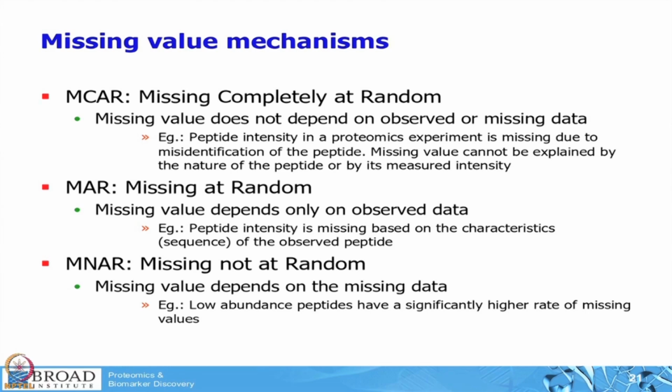The second type, missing at random, is that the missing value depends on some part of the observed data. For example, peptide intensity is missing based on characteristics of the peptide. So if the peptide has a specific amino acid, at random times it's missing, it's not always missing.